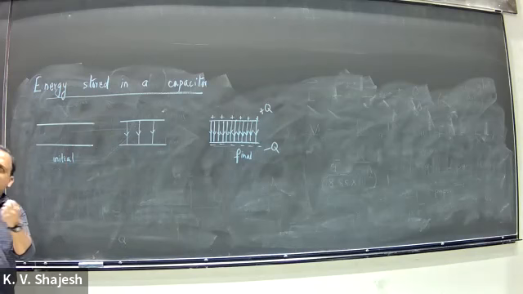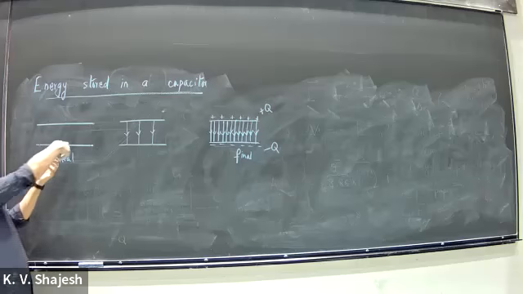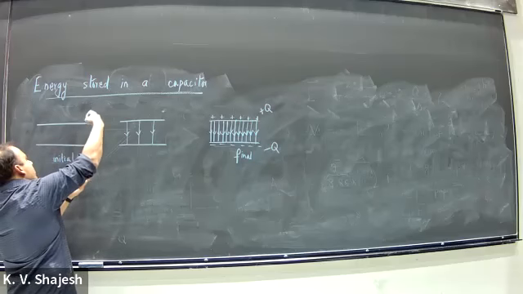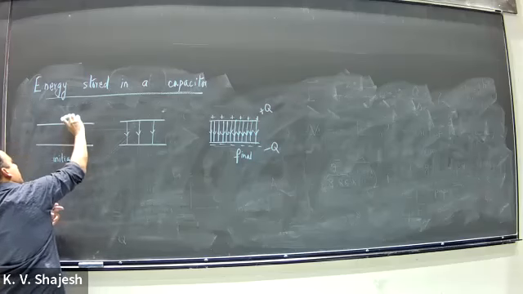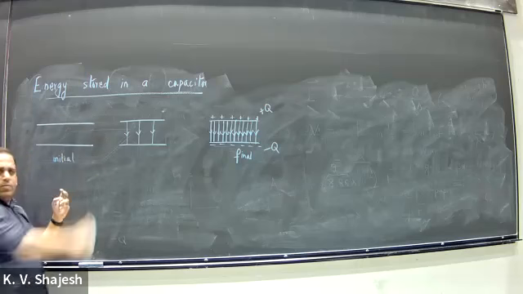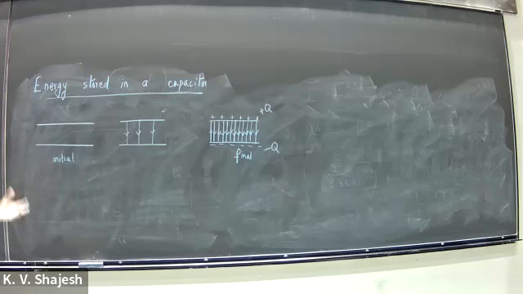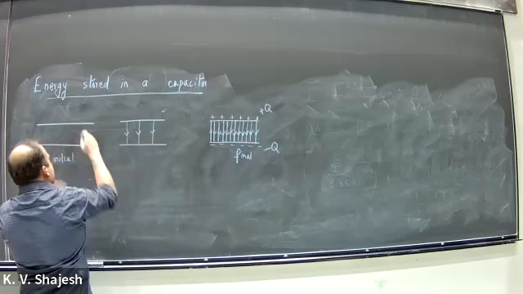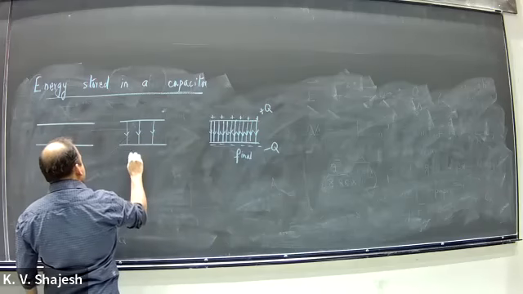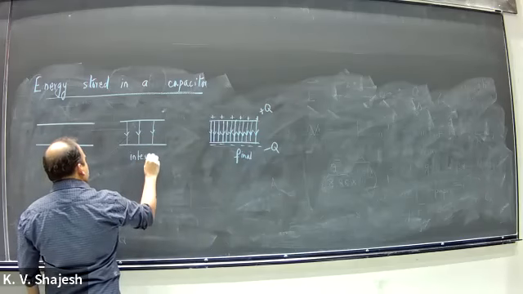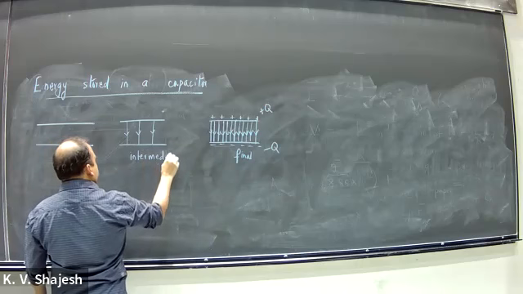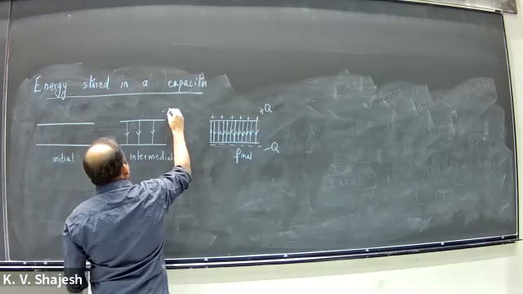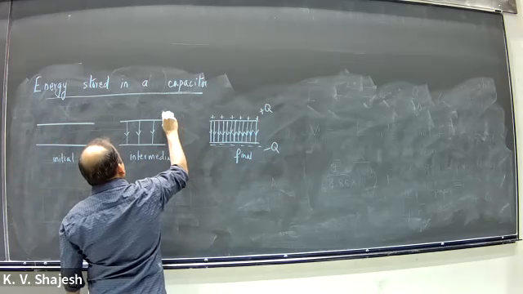Positive and negative charges like to stay together. So I'm plucking them, and that's a lot of energy I'm going to consume. I'm going to keep it apart and keep it on the top. So that's going to involve energy, and I want to calculate how much energy is involved in doing that process. So you do a little bit. In the intermediate step, somewhere I have moved about Q of them here.